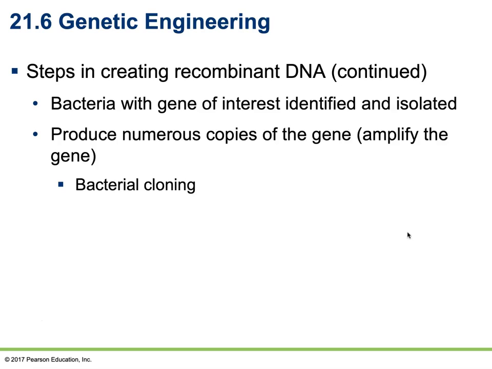So not only is the bacteria itself going to reproduce, and each time it reproduces, its offspring is going to have that particular bit of plasmid, but also it's going to start synthesizing that RNA into DNA. So we can produce numerous copies of that gene through either bacterial cloning, or we can artificially create numerous copies of that gene ourselves through what is known as a polymerase chain reaction, PCR.